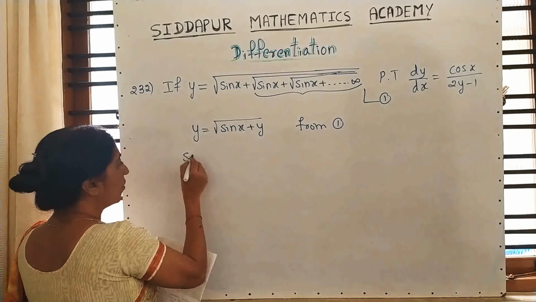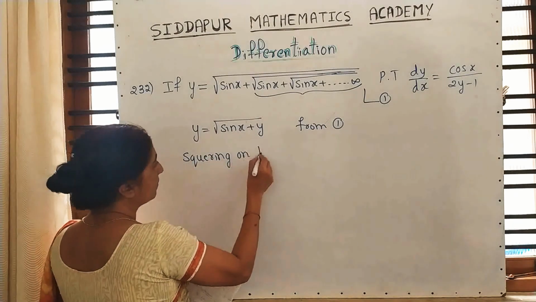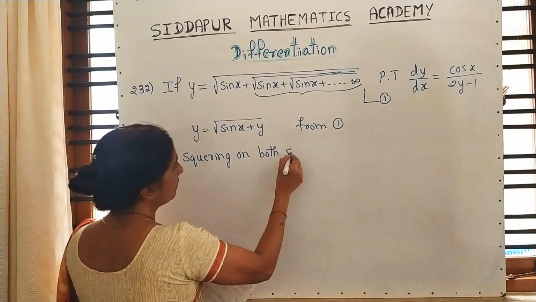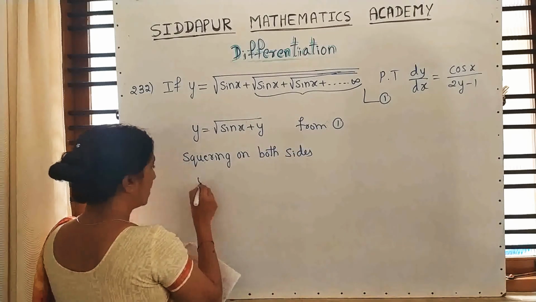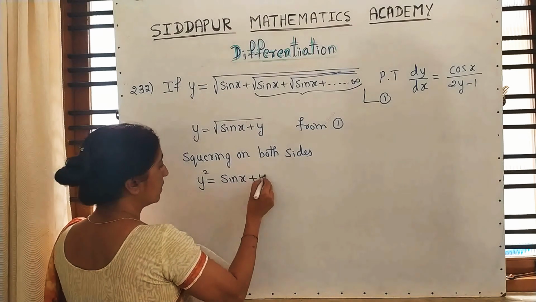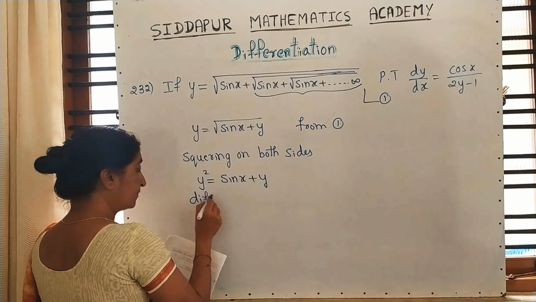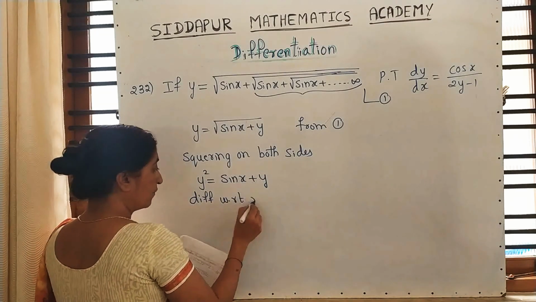Now squaring or directly you can multiply. Squaring on both the sides. y square is equal to sin x plus root sin x plus y. Now differentiating with respect to x.